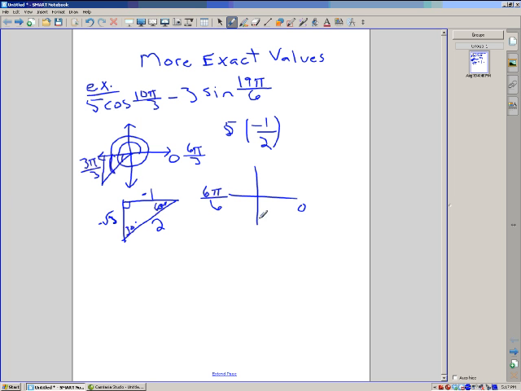And then if I were to go all the way around to 2 pi, this would be 12 pi over 6. And I need to go to 19 pi over 6, so let's keep thinking about this. Let's rotate through here. 6 pi over 6, 12 pi over 6. Now if I go another half rotation around over here, now I'm at 18 pi over 6, and I want to get to 19 pi over 6. So I need to go one more pi over 6 rotation.